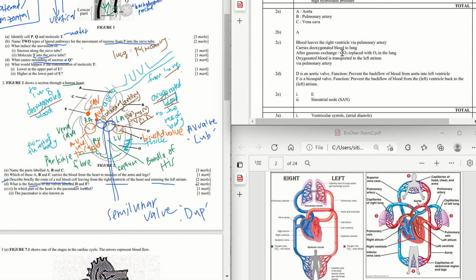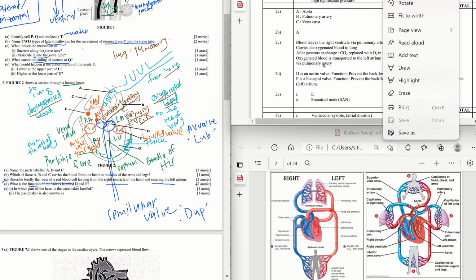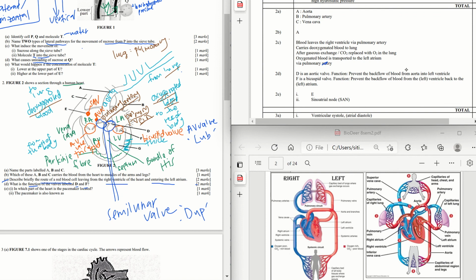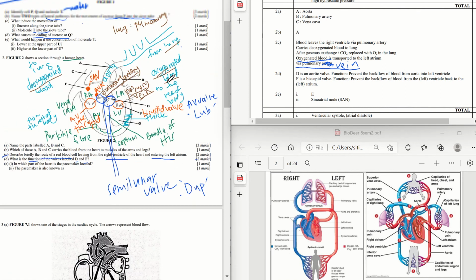Okay, and carbon dioxide is replaced with oxygen in the lung. And oxygenated blood is transported back to the left atrium via pulmonary vein. Okay, kalau oxygenated blood via pulmonary vein. Okay. So settle lah soalan ni.